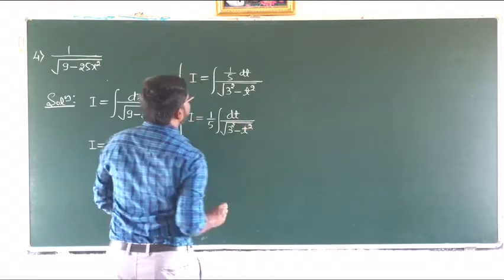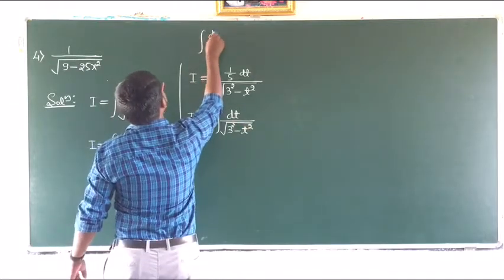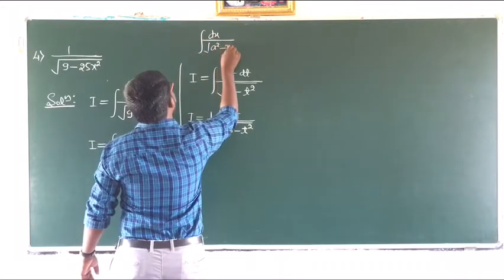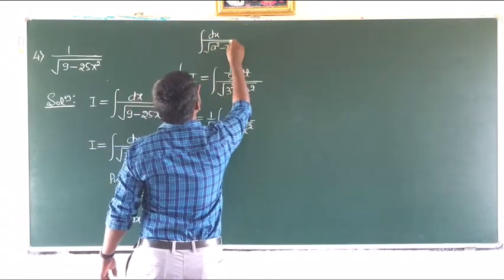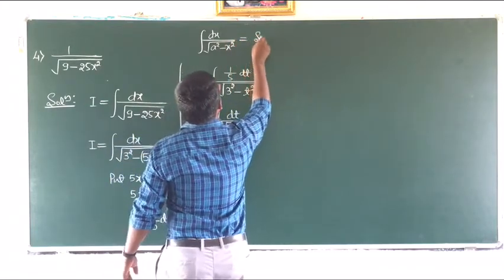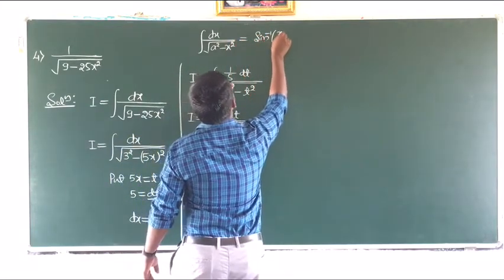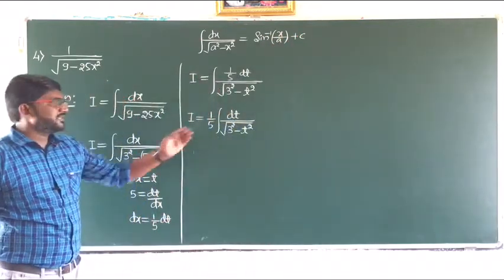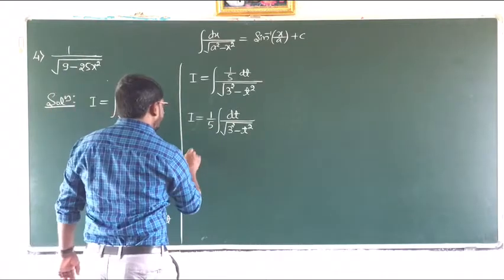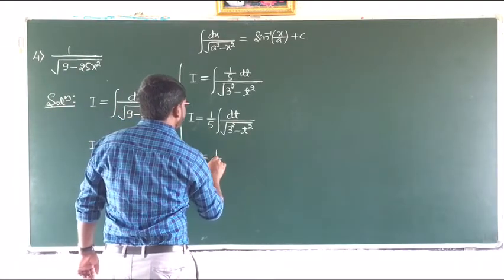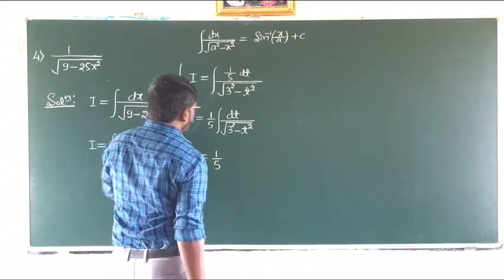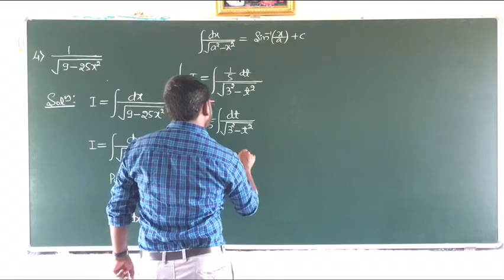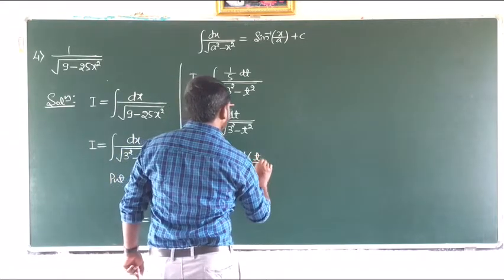So this is in the standard form of integral dx upon square root of a square minus x square. This is nothing but sin inverse x by a plus c. Here the variable is t, so in place of x I have to write t. I is equal to 1 by 5, then sin inverse of t divided by a.